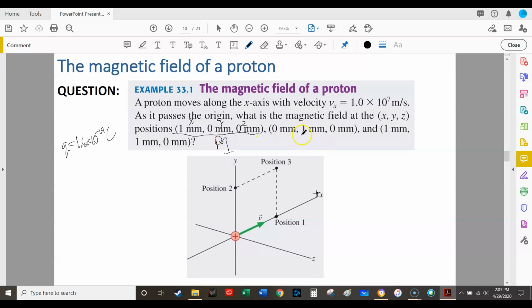They also want to know the magnitude and direction of the B field at a point right above the particle, at position 2. And then finally, they want to know the magnitude and direction of the B field at position 3, which is 1 millimeter to the right, 1 millimeter up.